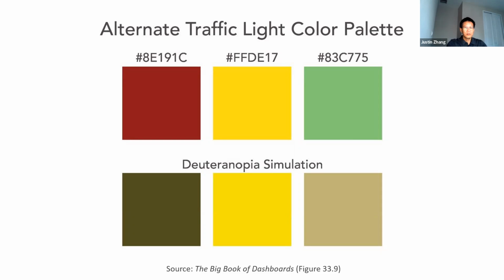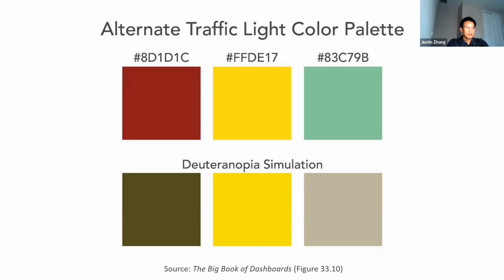So for instance, one thing you can do is leverage light and dark colors. You can make the red very dark and the green very light, or vice versa. People with CVD can typically tell the difference between light and dark colors. By making the red a deep, dark red and the green on the lighter side, it's easy to see the contrast between these two colors.